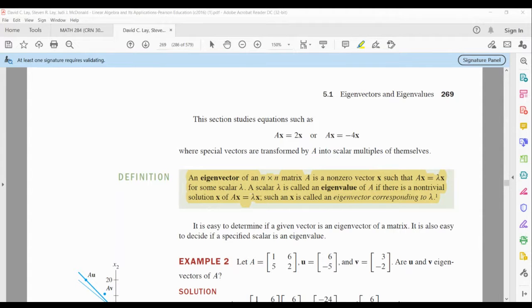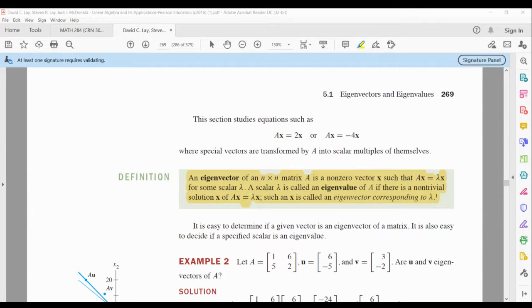An eigenvector of an n by n matrix A, and we have to be talking square matrices for eigenvectors and eigenvalues, is a non-zero vector x such that A times x equals lambda times x for some scalar lambda. The scalar lambda is called an eigenvalue of A if there's a non-trivial solution x of A times x equals lambda x. The vector x is called your eigenvector corresponding to eigenvalue lambda.